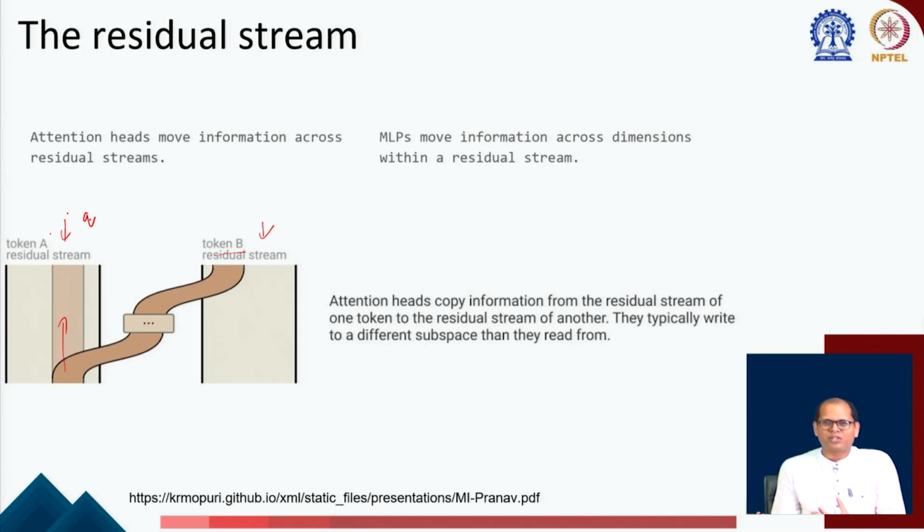So, you are reading information from multiple residual streams, and you are able to copy information from the residual stream of another token, right, and you write back to the residual stream. Now, we will do something here. So, we will say, okay, when they write back, they write to a different subspace. So, we will talk about some subspaces in the embedding, right. So, they write to a different subspace than what they read from.